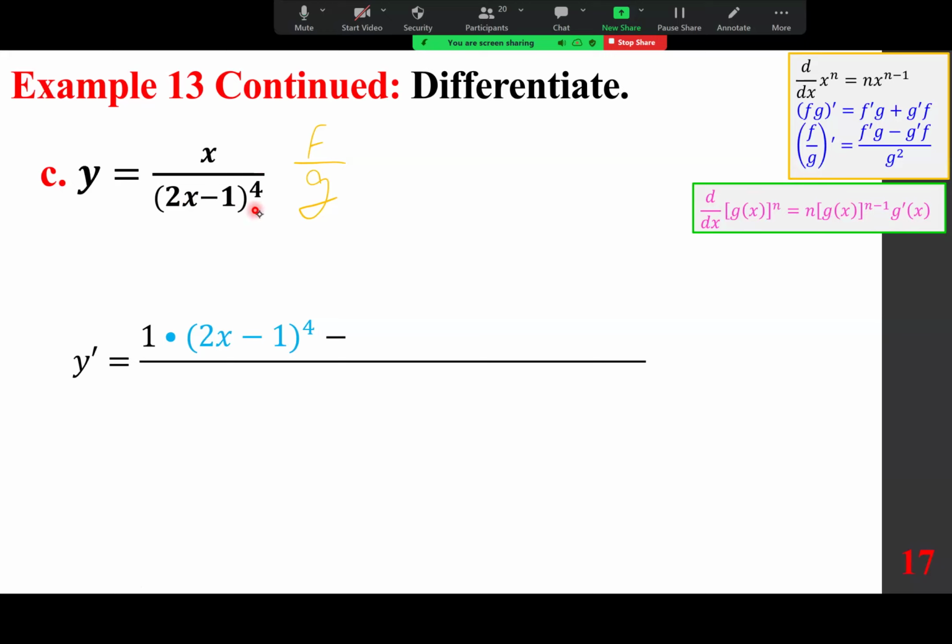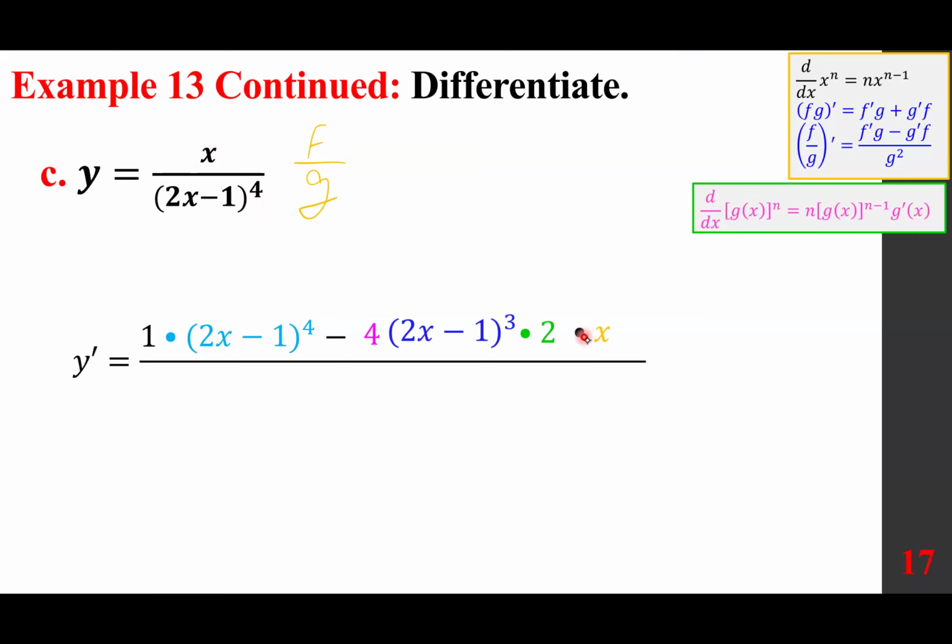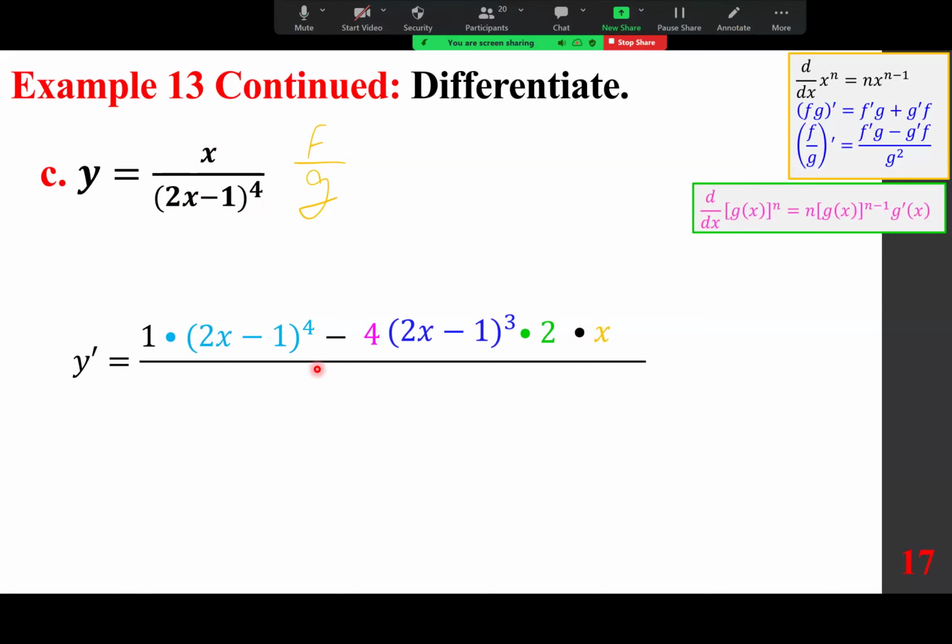So 4 times 2x minus 1 cubed times 2. So you're done with g prime times f, which is x. Denominator g squared, just write this one. How do you square it? Power of 8. Done with calculus.